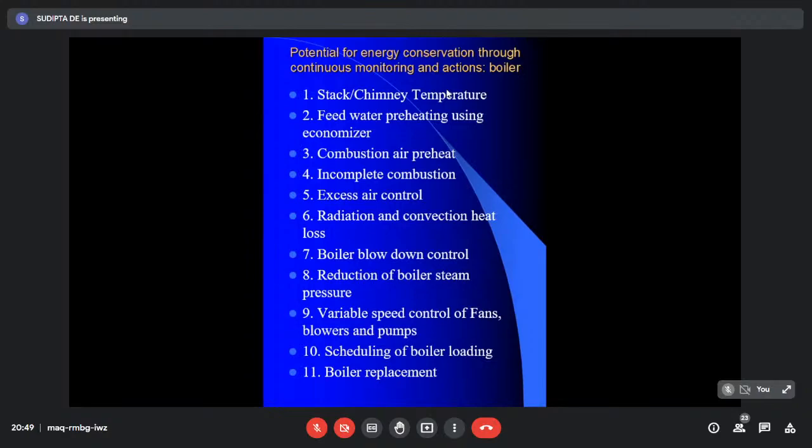Just write down the next sentence. Continuous monitoring of feed water temperature at the economizer exit helps to improve the performance of a boiler.